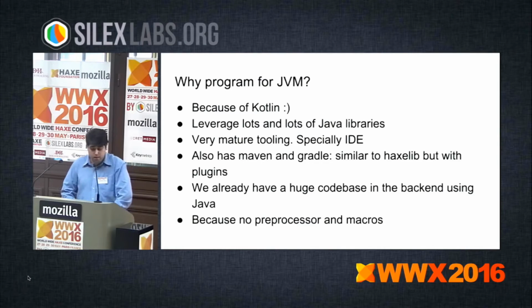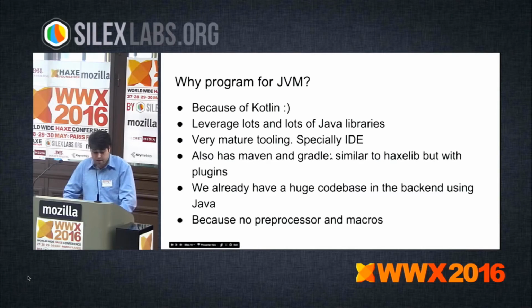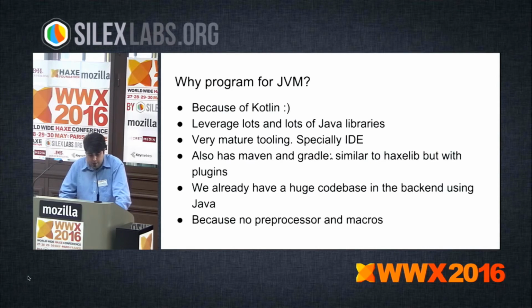So why should you care? Why should anyone program for the JVM? Because now there is Kotlin, it has lots of Java libraries and has very mature tooling, and it also has Maven and Gradle that are similar to Haxe.